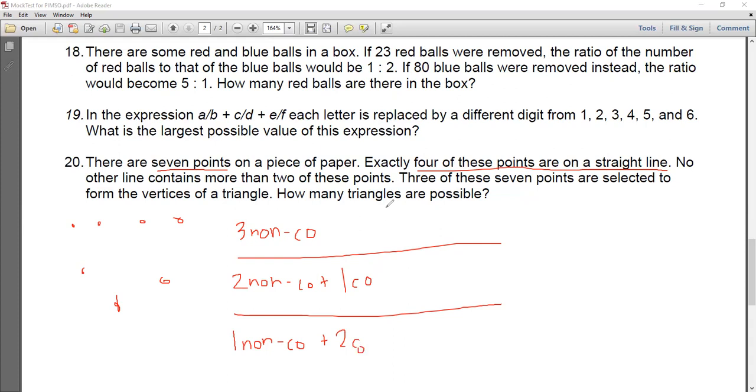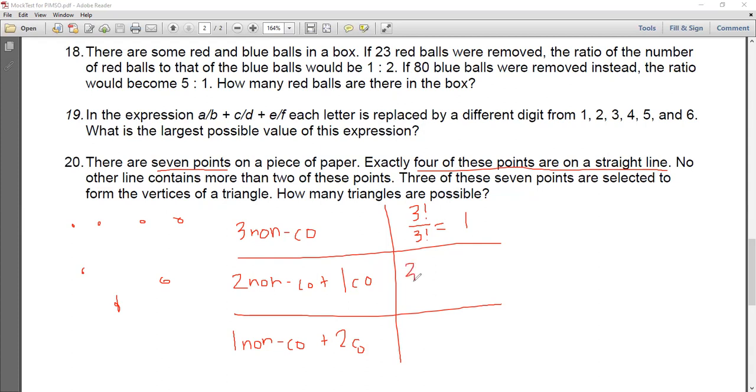We're going to use permutation. For 3 non-collinears, since there are 3 numbers here, that would be 3 factorial over 3 factorial. So that is equivalent to 1. For 2 non-collinears, we have 3 points. Out of those 3 points, we will only get 2.